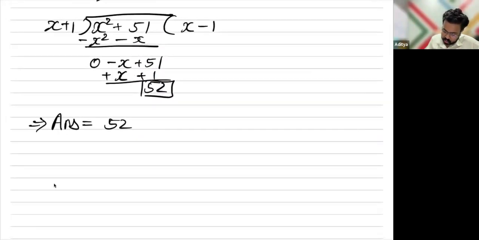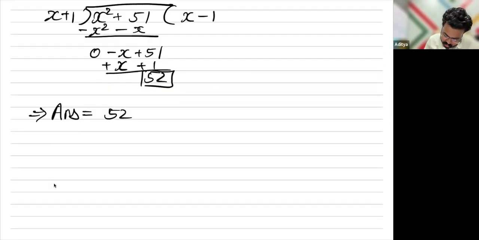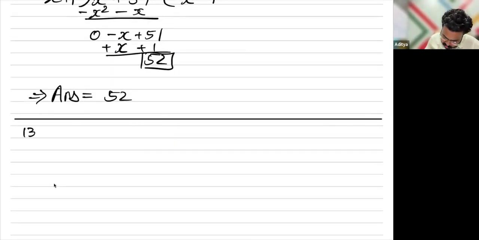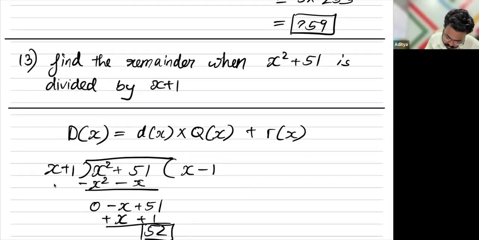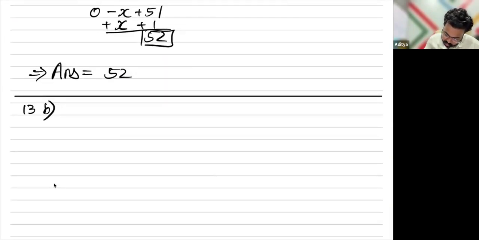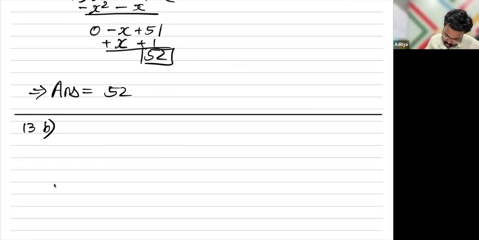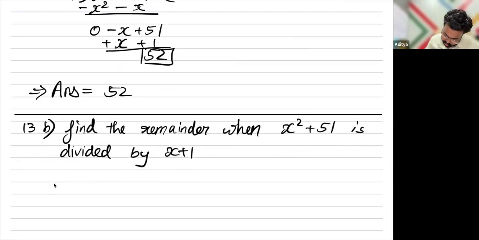What if the question was slightly more complicated? 13b, let's assume. I'll just copy this entire thing. Find the remainder when x, instead of x square, it was a much larger number, x to the power 51.